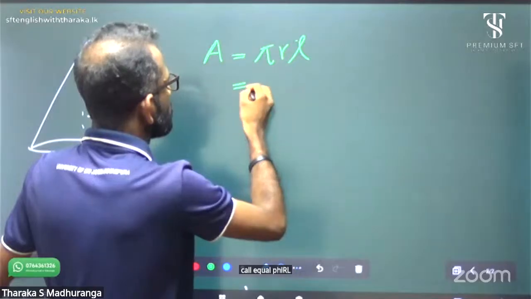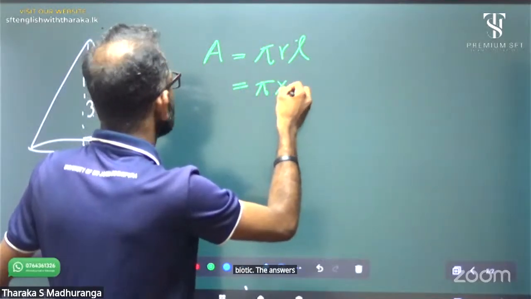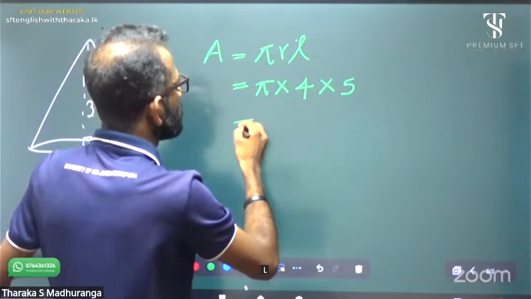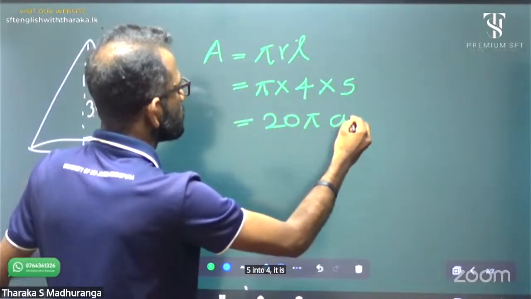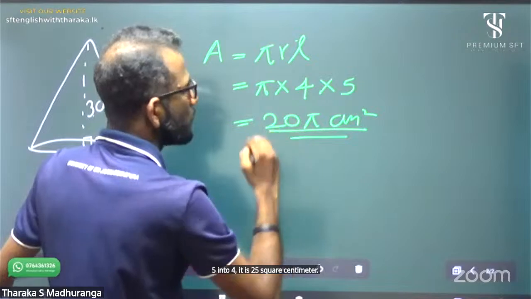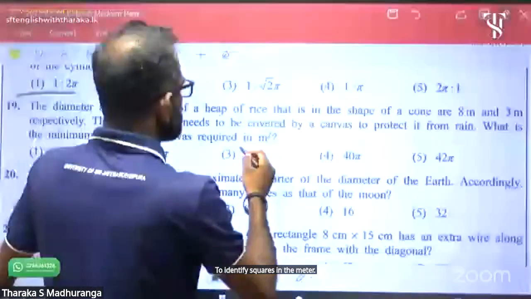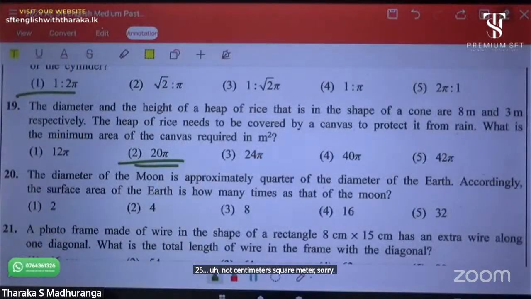The answers are given in terms of π, then π into radius 4 into L 5. 5 into 4, it is 20π square meters. Square meters, sorry, not centimeters. All data given in meters, right? Therefore, no problem.